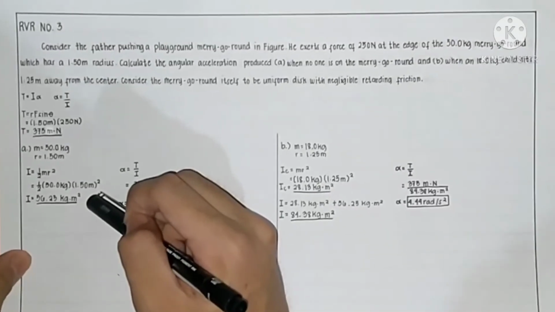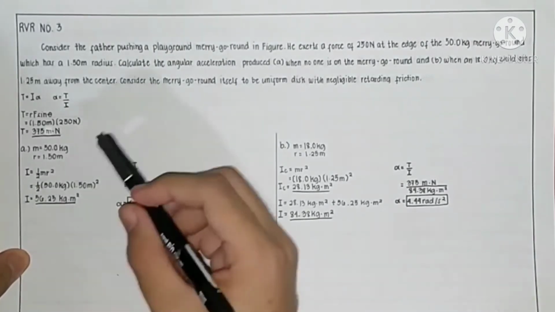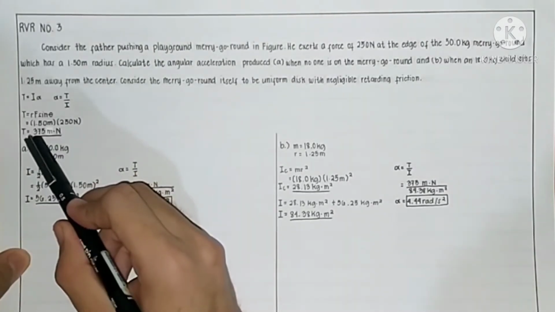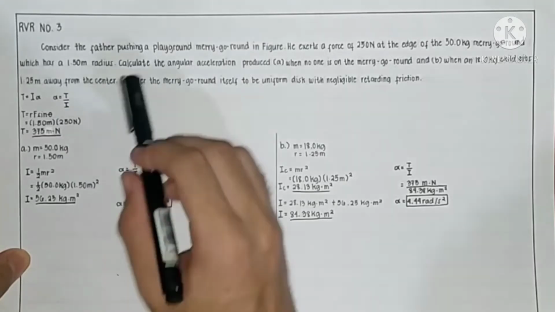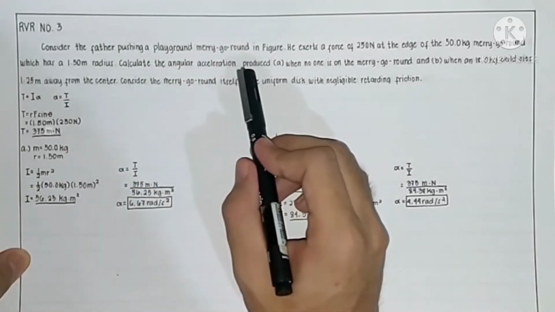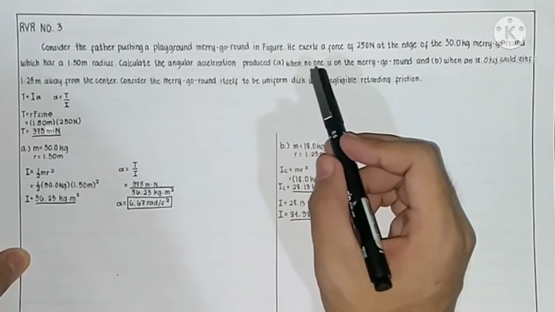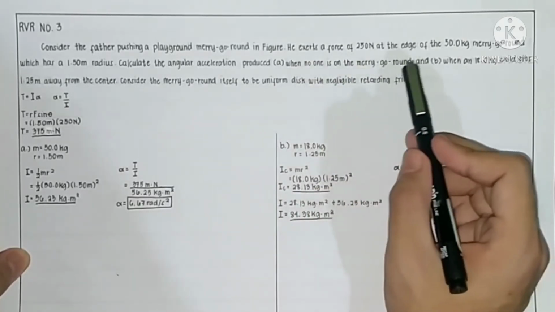Since meron na po akong value ng inertia and meron na rin po akong value ng torque, so pwede na po ako mag-proceed for calculating the angular acceleration for letter A when no one is on the merry-go-round.